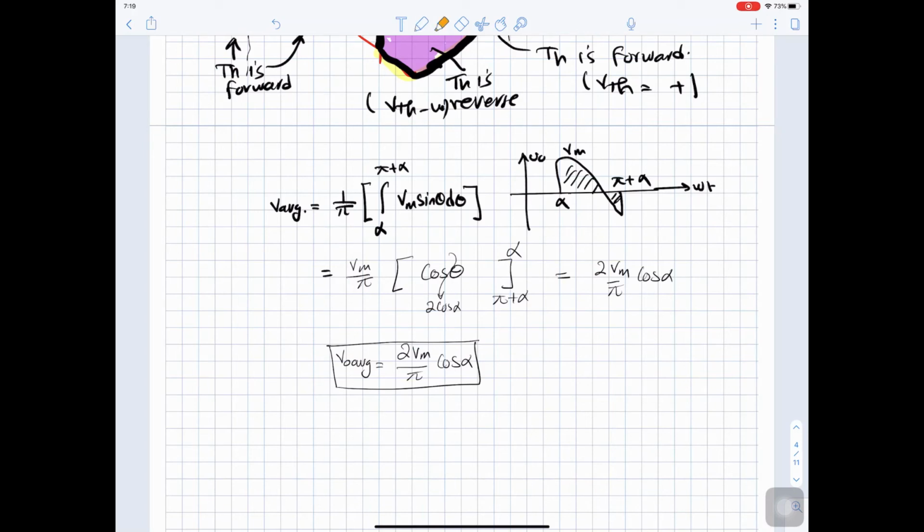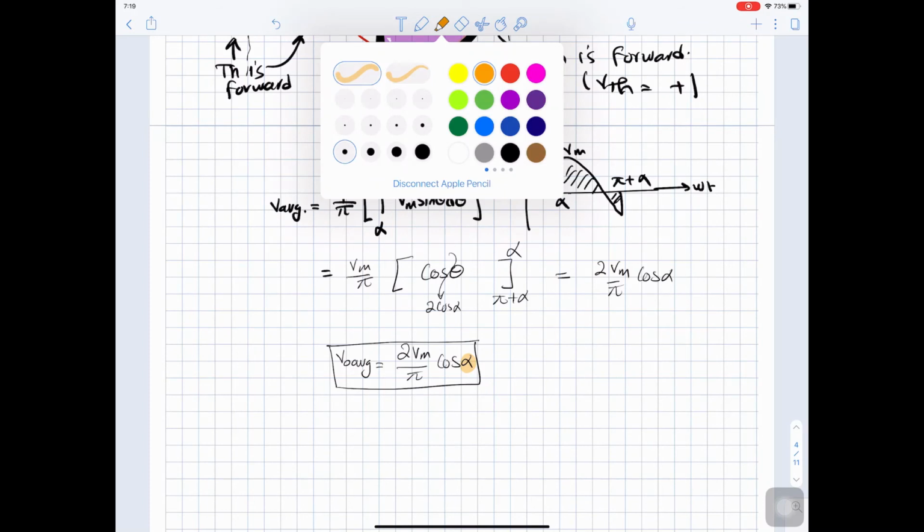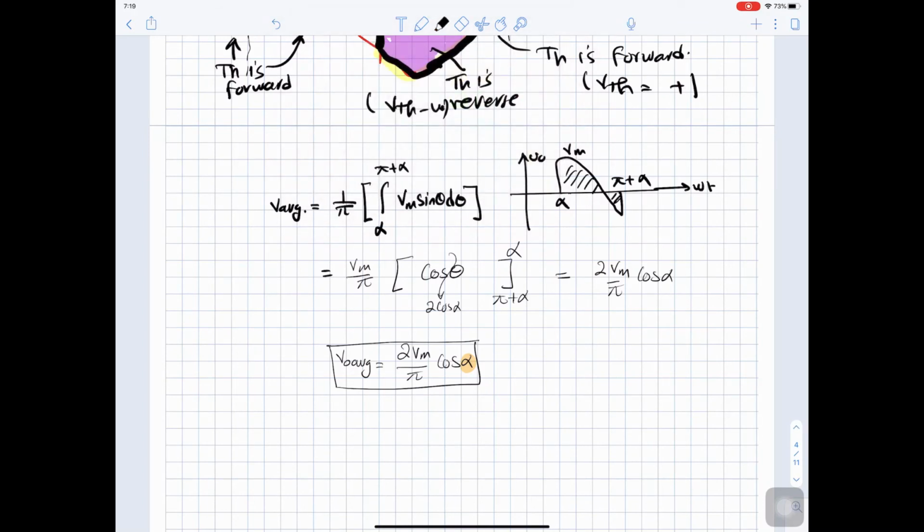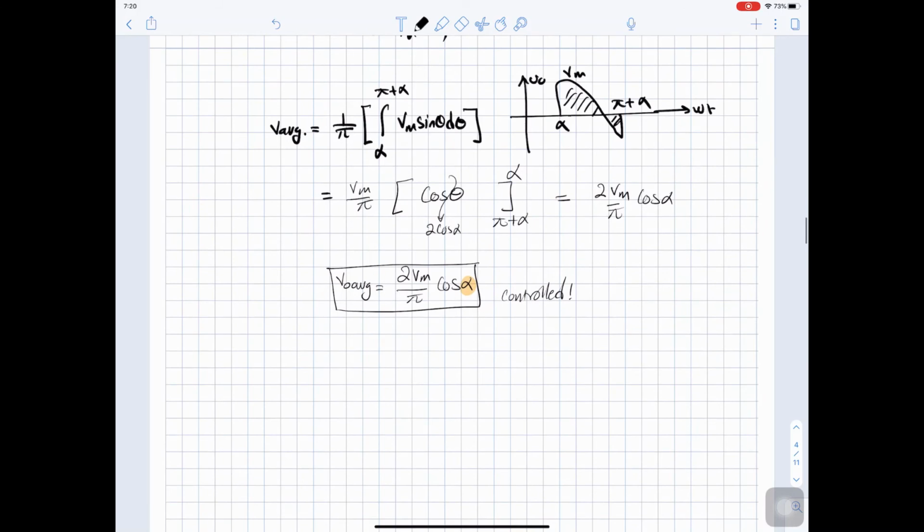And as you can see, the average is a function of alpha, and this is very important. So the output is controlled. Not only the output is controlled, but note, if alpha equals 90, V out average will equal 0.